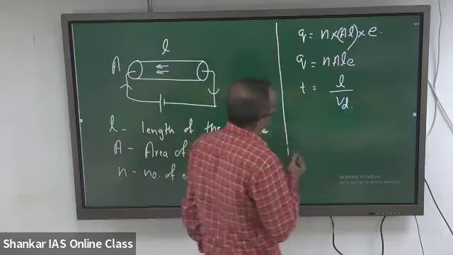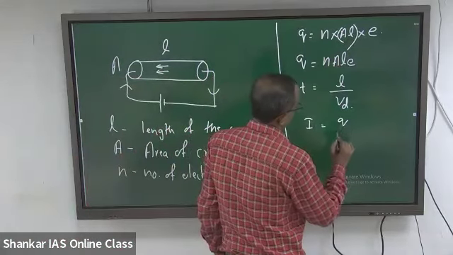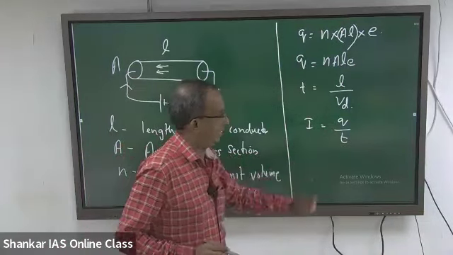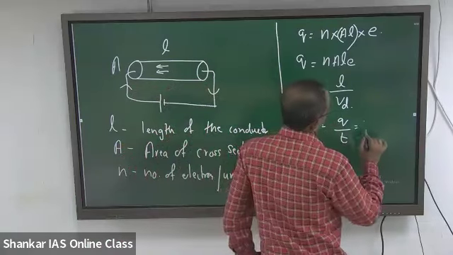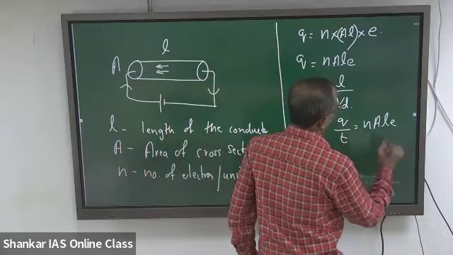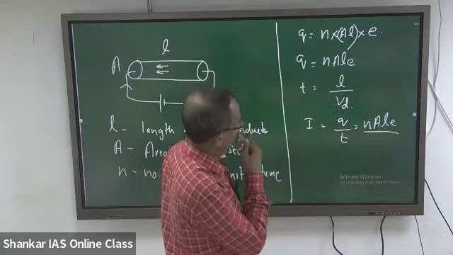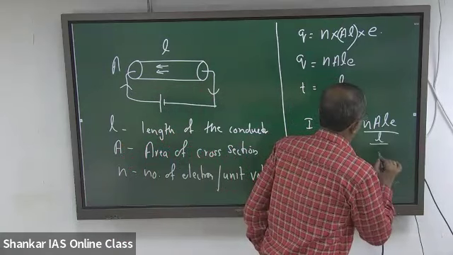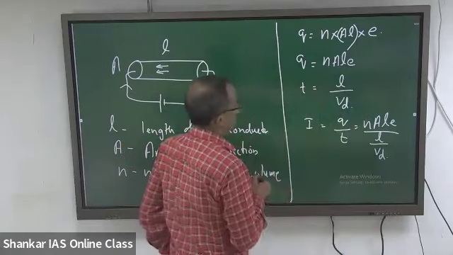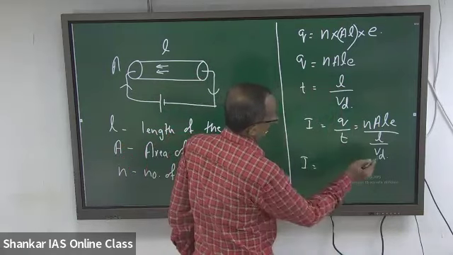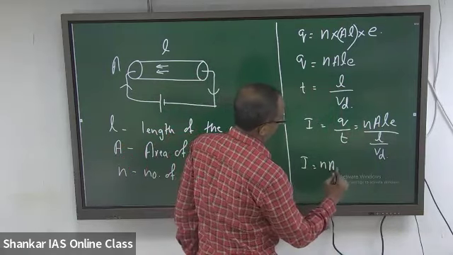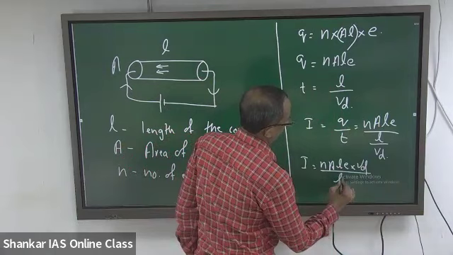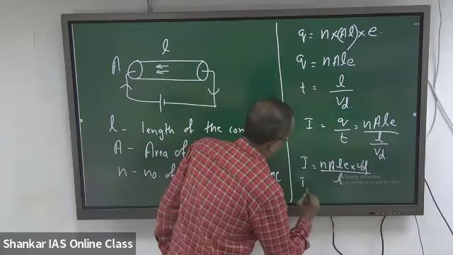Then we can write I equals Q by t. We have defined electric current as charge per unit time. Q equals nALe, divided by time, which we can substitute as L by Vd. So I equals nALe into Vd by L. L and L cancel. You get I equals nAVde.